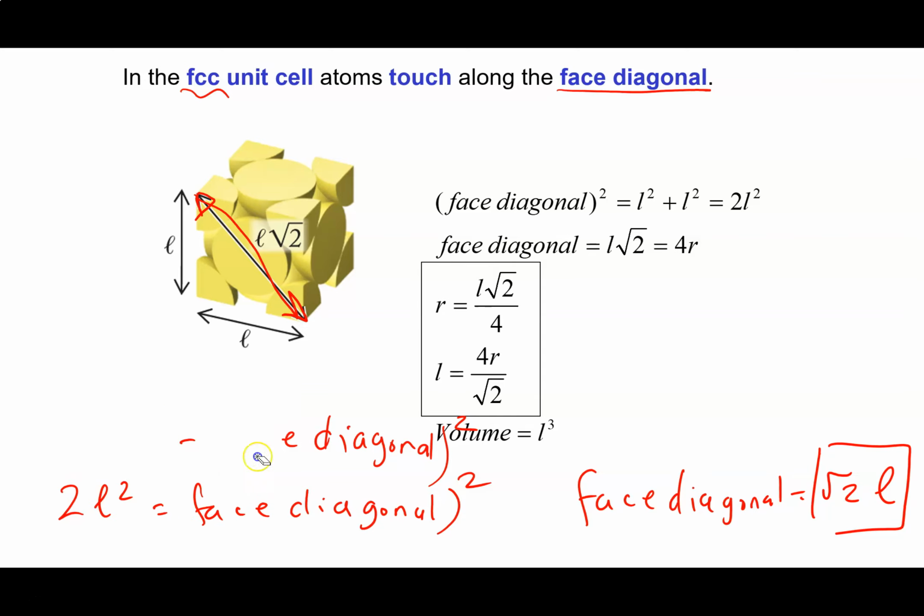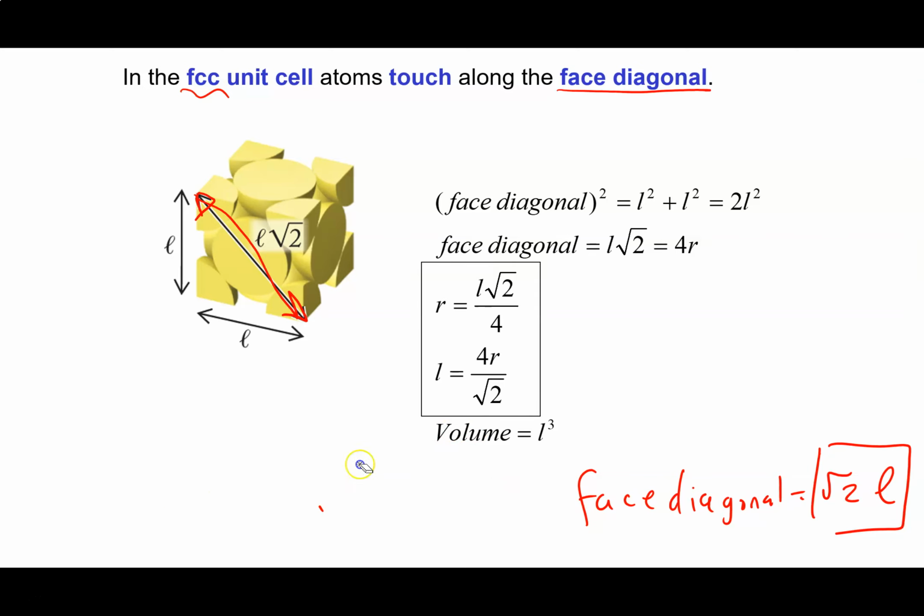Okay, so that's not too hard to see. How many radii of our atom go across that face diagonal? Well, we can count that up from a little model. The important thing to recognize is that in the face-centered cubic unit cell the atoms touch along the face diagonal. There they are. And so we've got 1 radius to there. A second radius takes us to the very middle of the face. A third radius takes us to here.